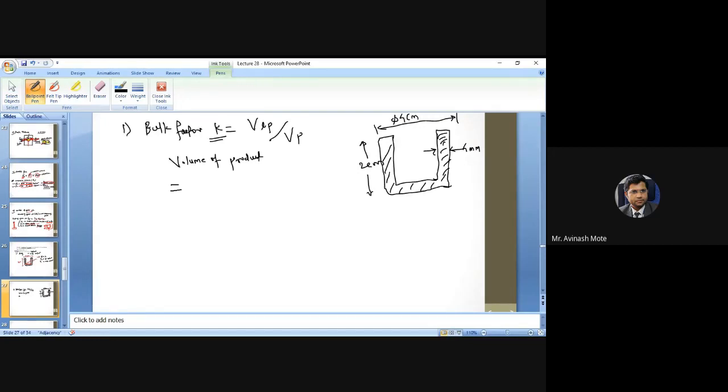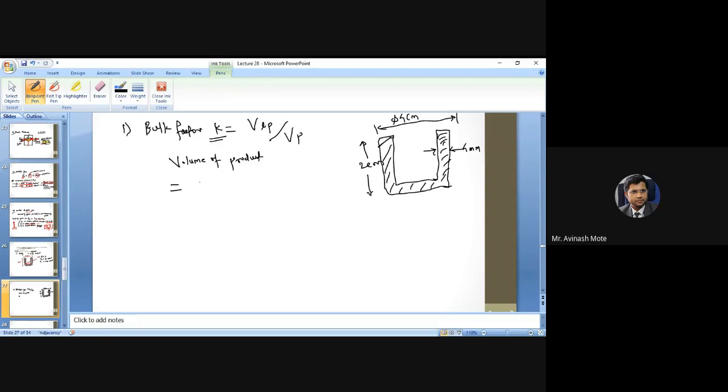Now what we will do, the larger diameter we will take as D1 and the smaller diameter as D2. We want only the volume of product. So where is the material consumed in the product? These two walls and this base. If diameter is given, that means this is a cylindrical product, simply like a bottle cap.